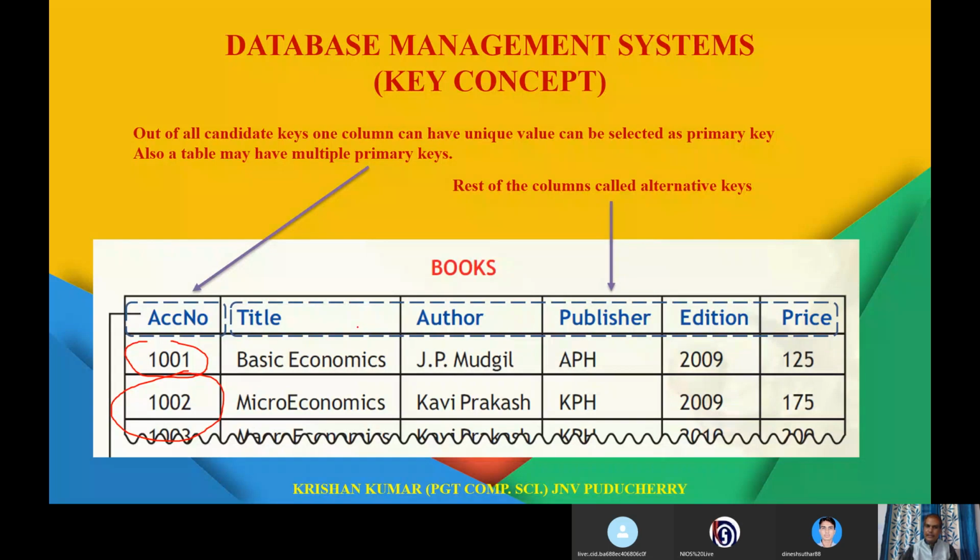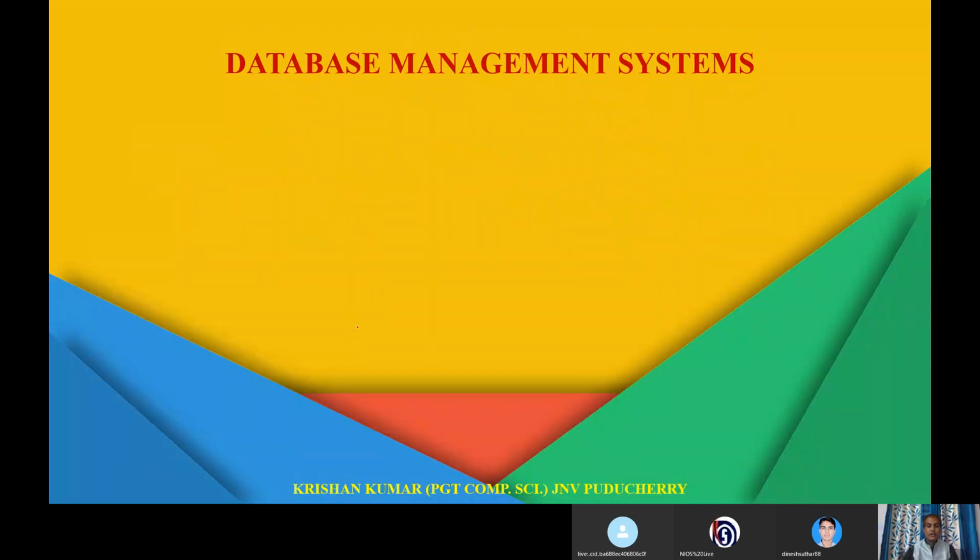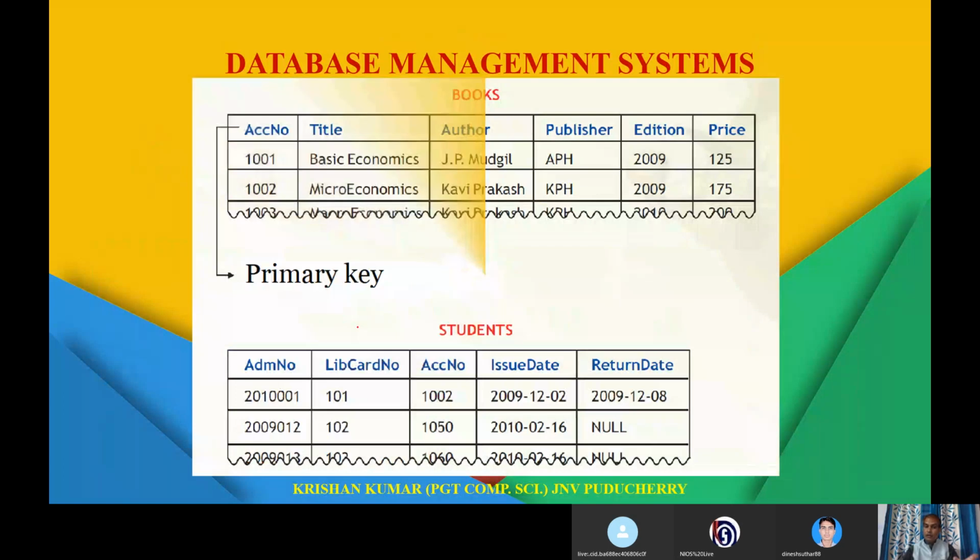Now, primary key is okay. Let us try to understand foreign key. A foreign key will occur only when you join multiple tables together. See, I have a books table and a students table, and I want to join these two tables. So how can I join them?